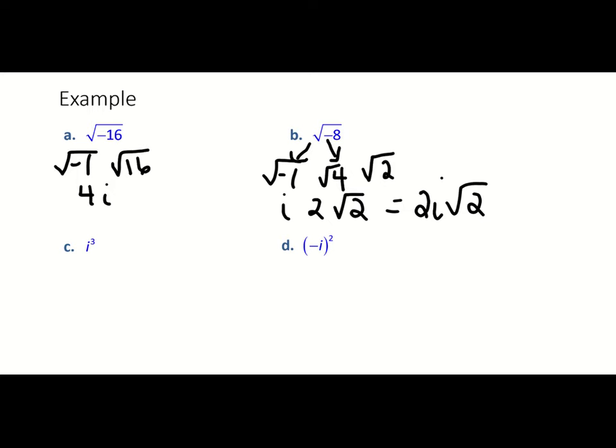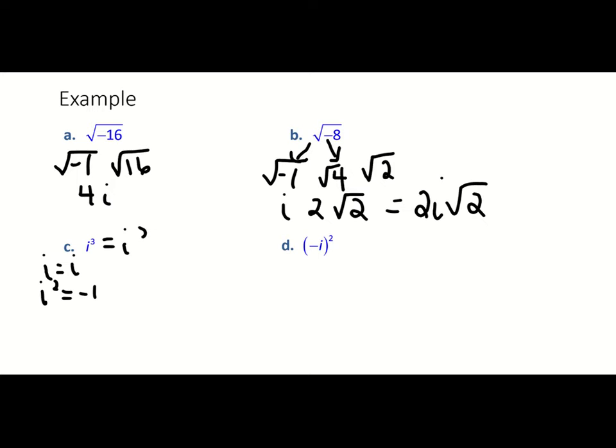Now, i to the third power. When we work with this, I know we just talked about i is equal to i, if we're talking about it in power form. i squared is equal to -1. Now, i to the third power, think of it like this.